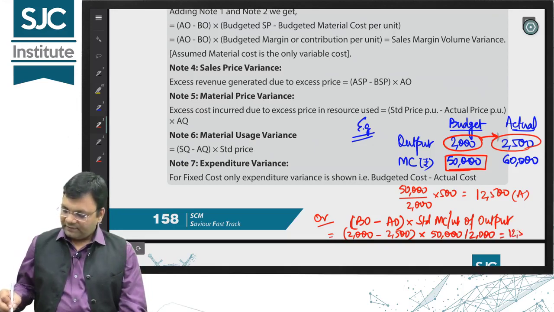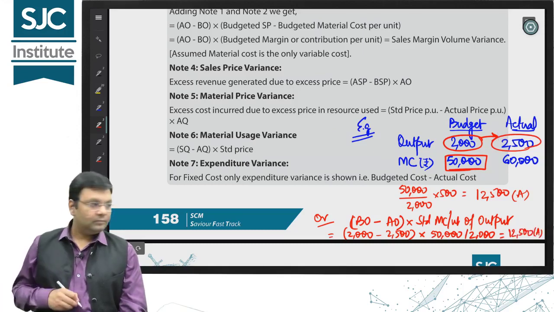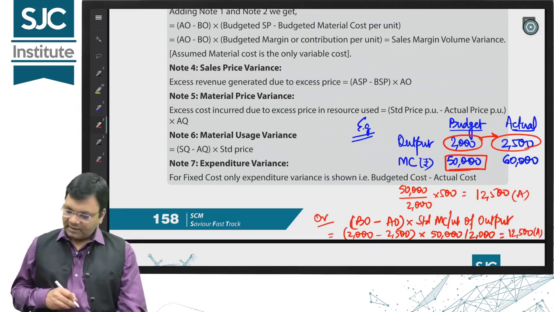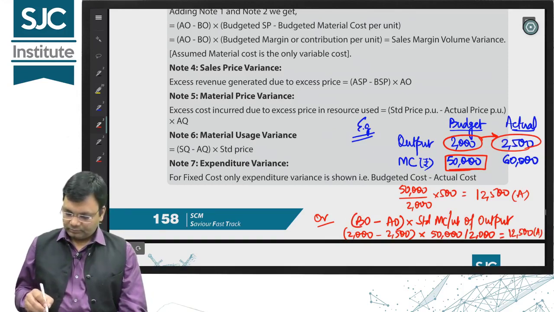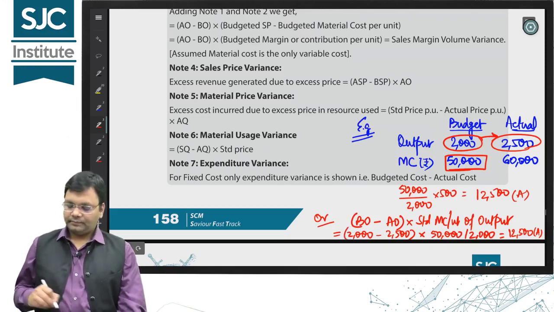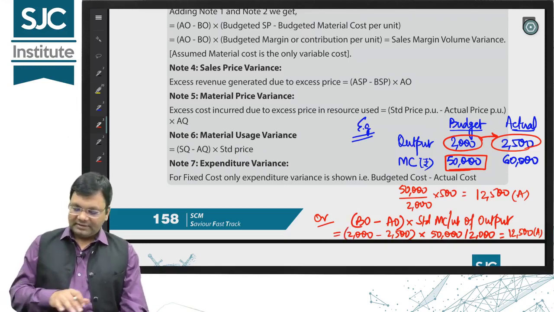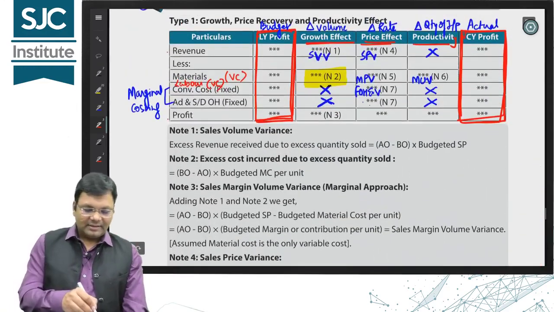It is 12,500 adverse. Got it? So we use this relationship usually, and that is given here in note 2.